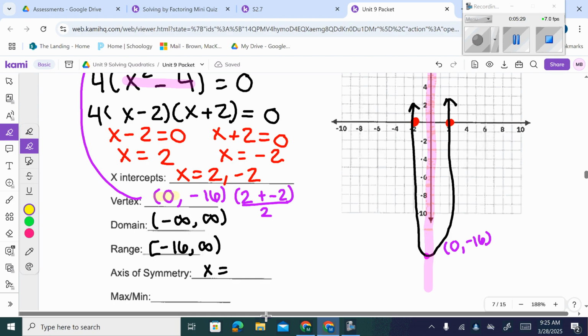So if my x-coordinate is 0, this axis of symmetry is going to be x equals 0. Those are always going to match, the x of your vertex and your axis of symmetry. All right, last thing on this guy. Is your vertex the max of the parabola or the min?